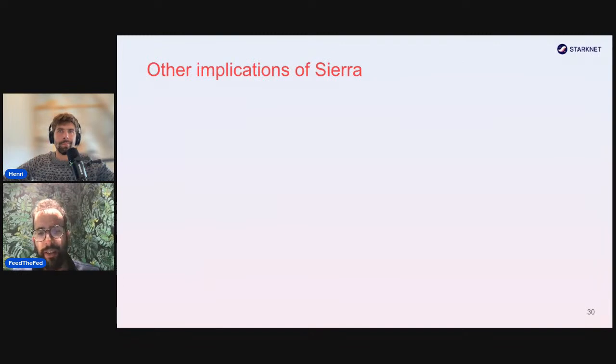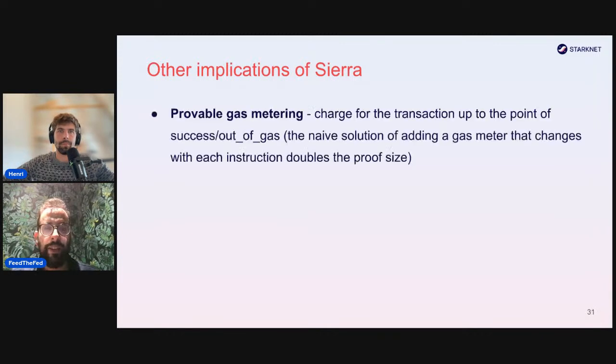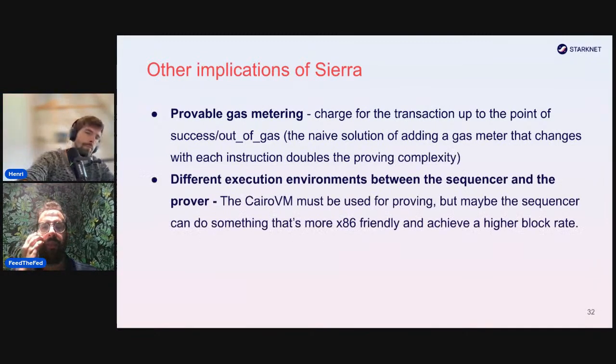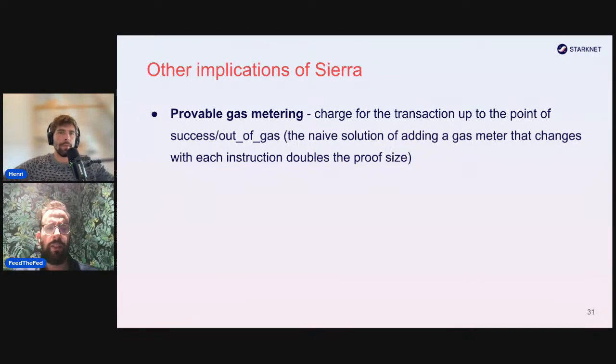So there are other benefits we can get from Sierra except security against denial of service. I'm going to talk about two main things. One is provable gas metering, and the other is different execution environments, which you mentioned in the beginning. So let's start with the provable gas metering.